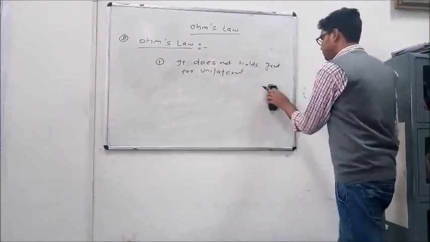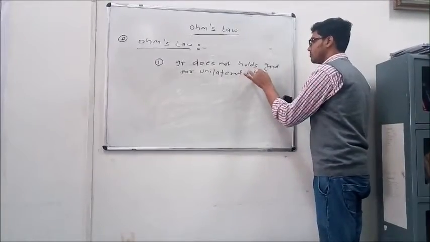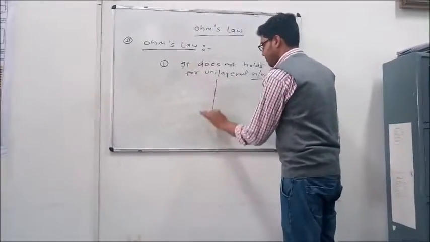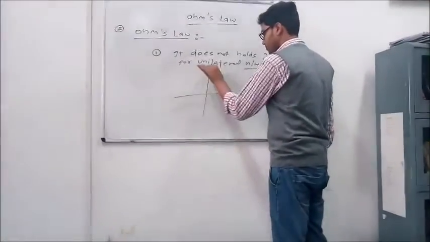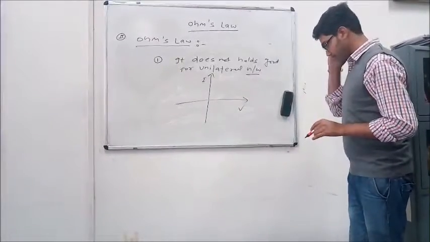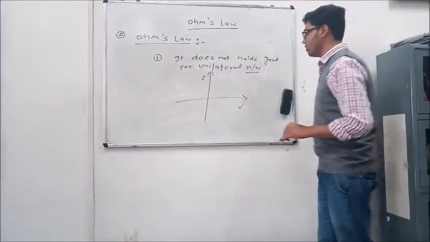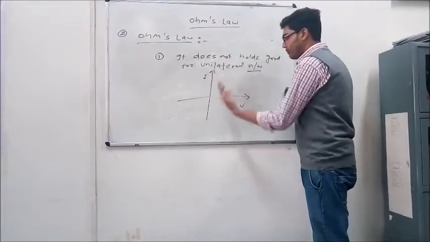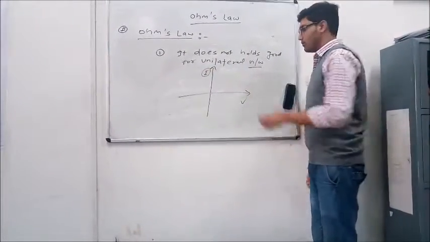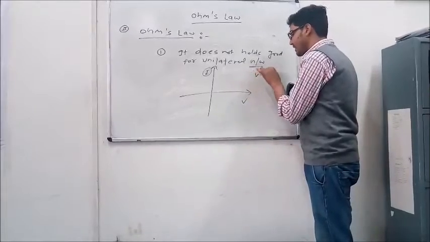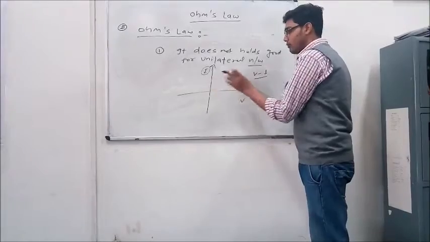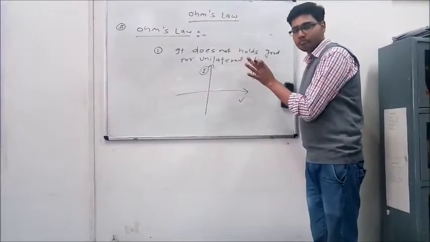If you draw an I and V graph, then for different directions of flow of current, the voltage and current relationship is not the same.